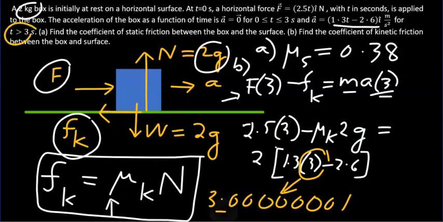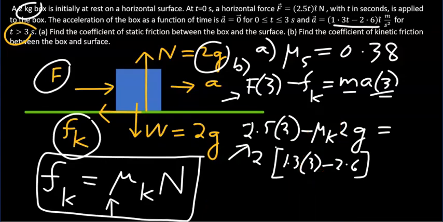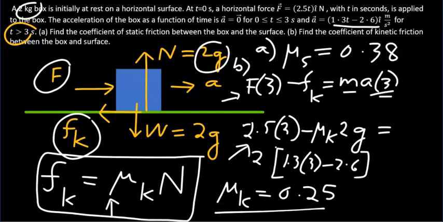And even when you substitute a number such as this one, you will see the result that you get for mu sub k is very, very close to what you would get by substituting t equals 3 seconds. So solving this equation for mu sub k, you would get mu sub k equals about 0.25. And that is the coefficient of kinetic friction between the box and the surface. And that solves the problem. Thank you for watching.